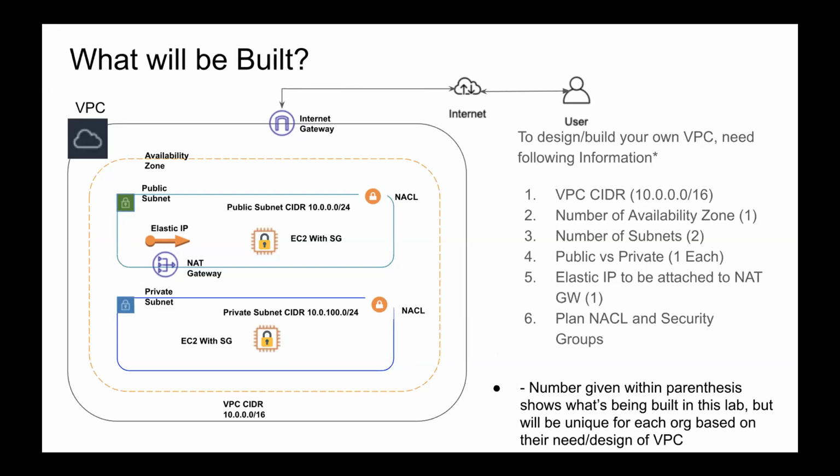Don't do that. If you're in your free tier account, you can do that, not a problem. And the numbers that are shown in parentheses signify what we would be using for this lab, like the number of elastic IPs and number of subnets we would be creating.